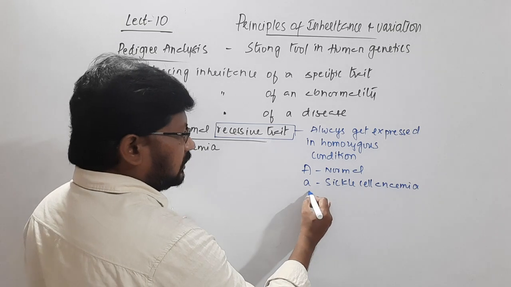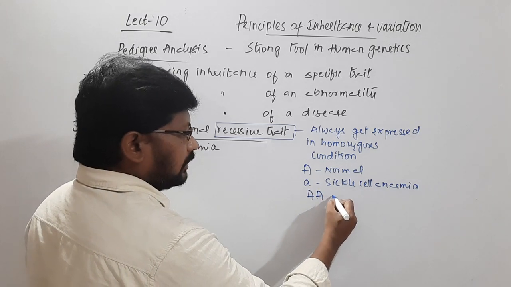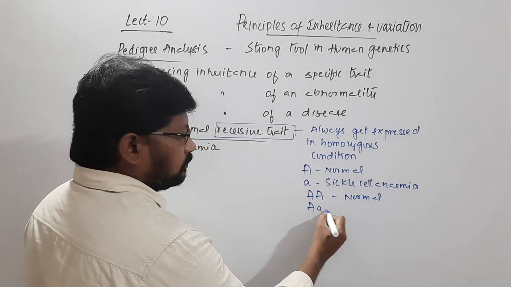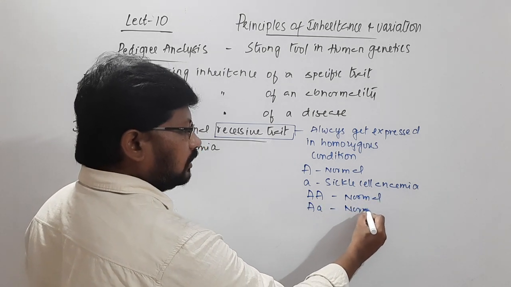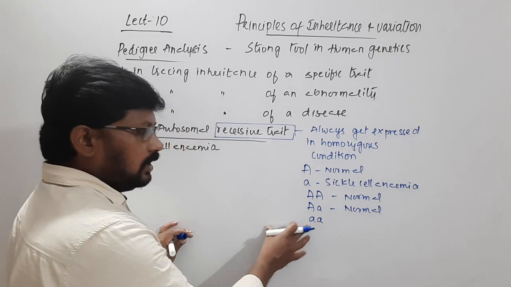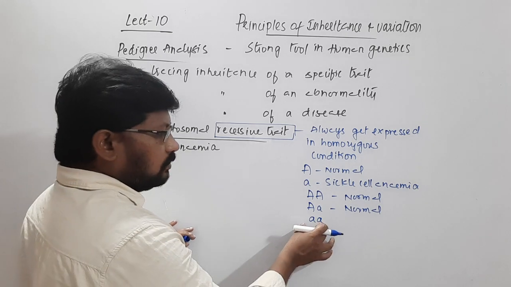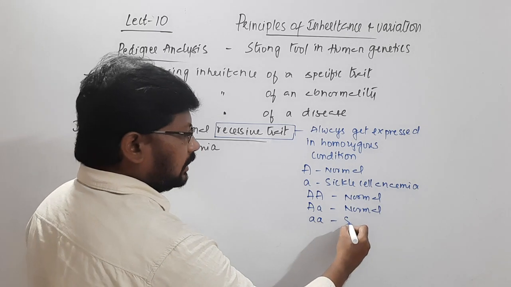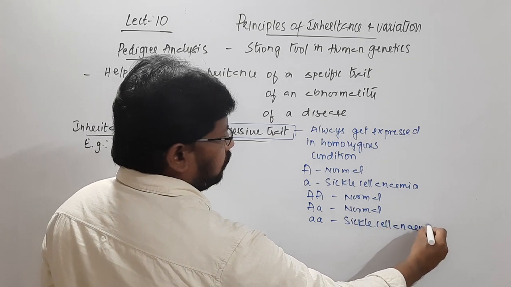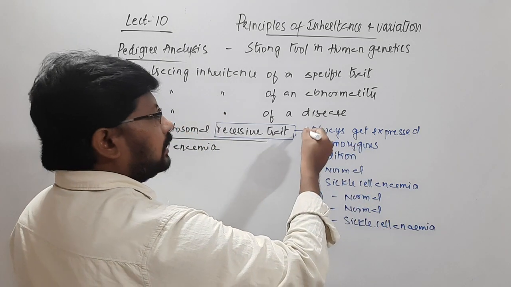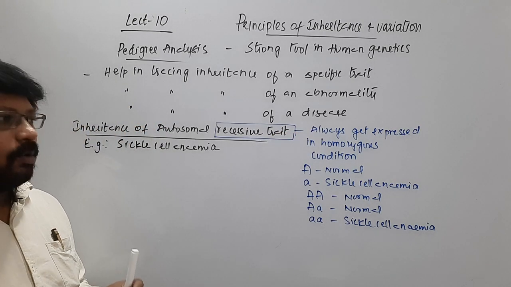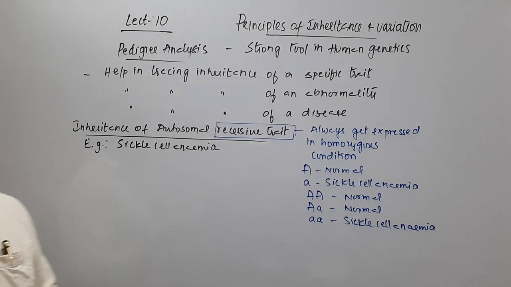So when we see capital A capital A, the condition will be normal. Even in capital A small a, the condition will be normal. When a person inherits both recessive alleles from the parents, it results in sickle cell anemia. That is what I have mentioned here: recessive traits are always expressed in the homozygous condition only.